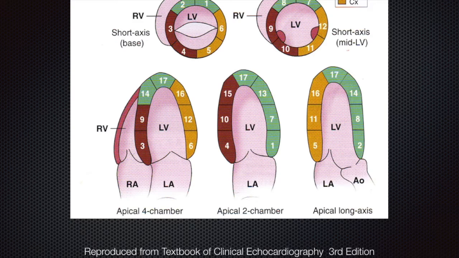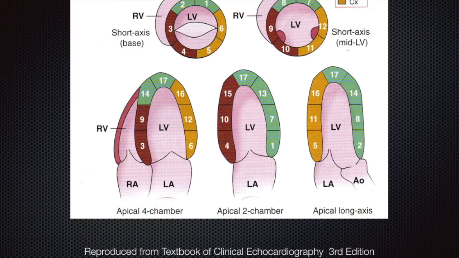You can see by the colouring that the areas commonly supplied by the left anterior descending are shown in light green. The circumflex is shown in orange, and the right coronary artery is shown in red. Those areas typically receive blood supply from that particular artery.